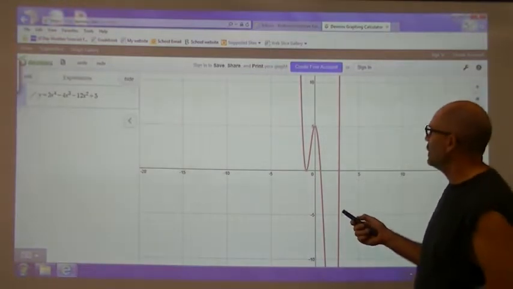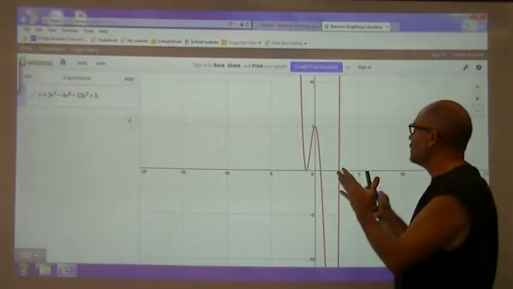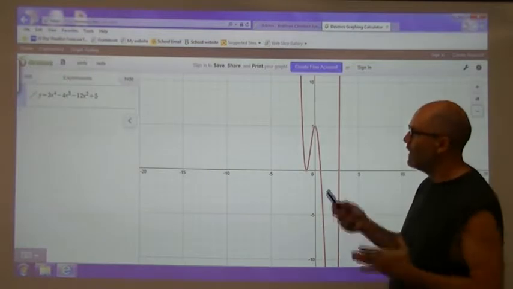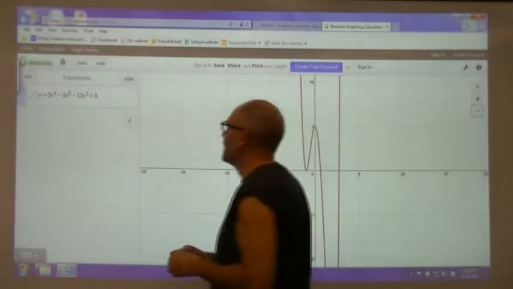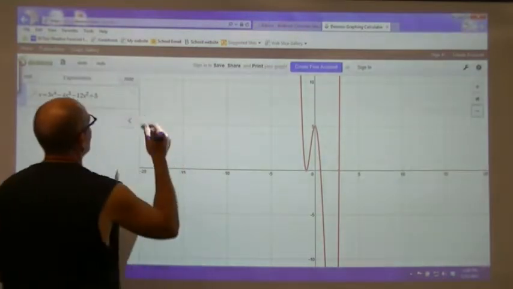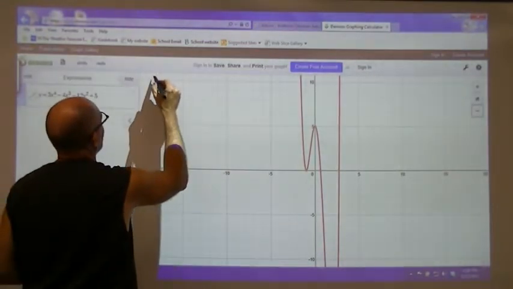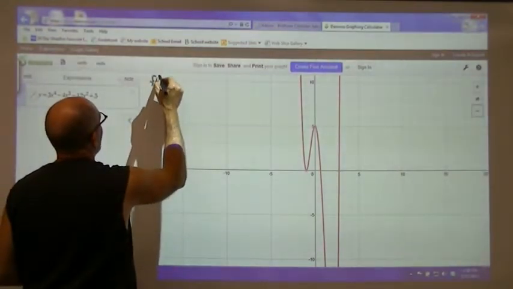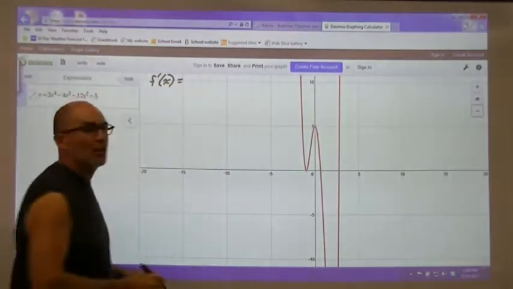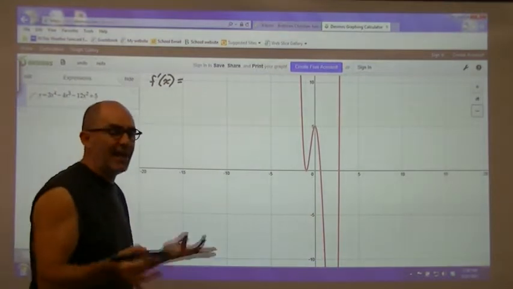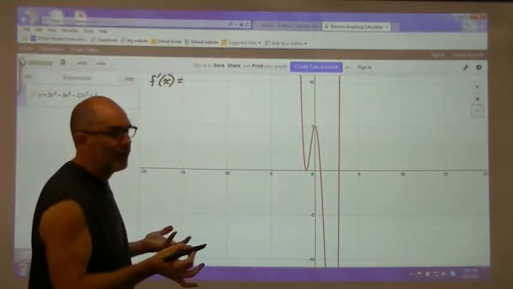Basically, the first question is, where is this function increasing and where is it decreasing? Okay, so let's see where it's increasing and where it's decreasing. To know where it's increasing and decreasing, we need its first derivative, which will give us the slope at any point we desire.